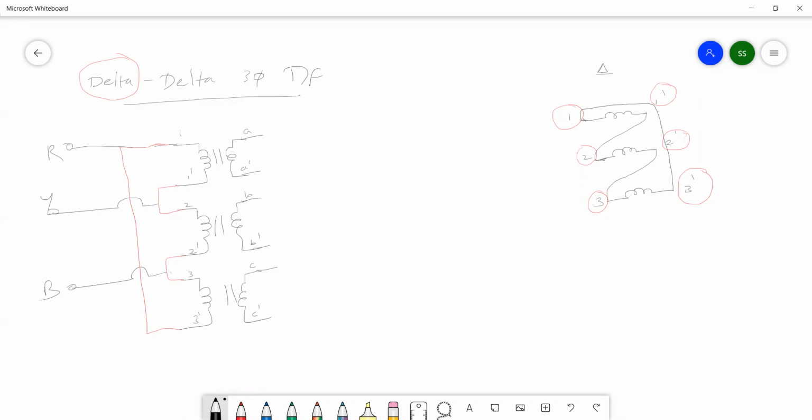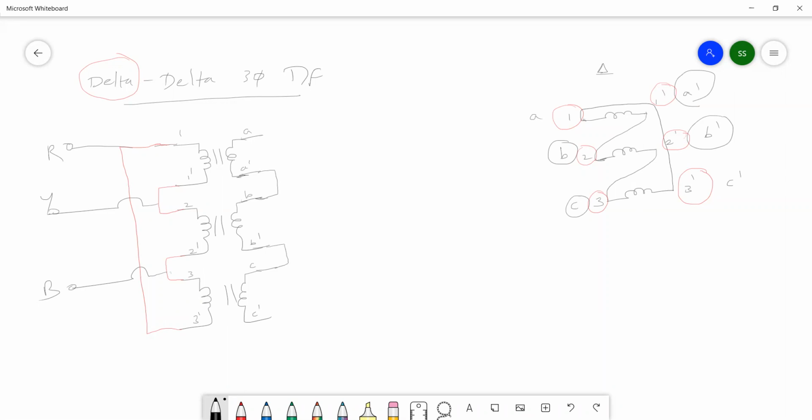Now the same we can reflect on the secondary side. Let us take A dash, B dash, C dash. Now see, A dash is connected to B. Next, B dash is connected to C. Back to back connection.